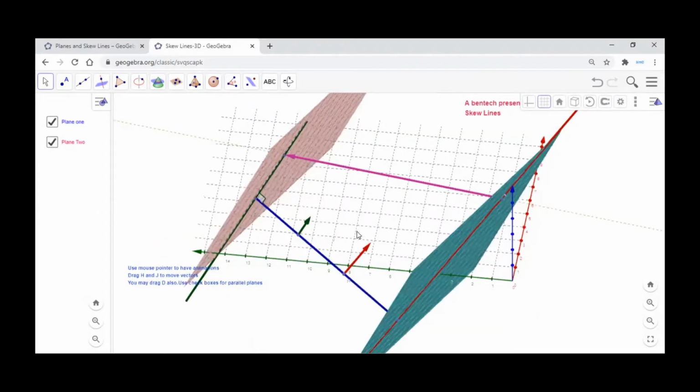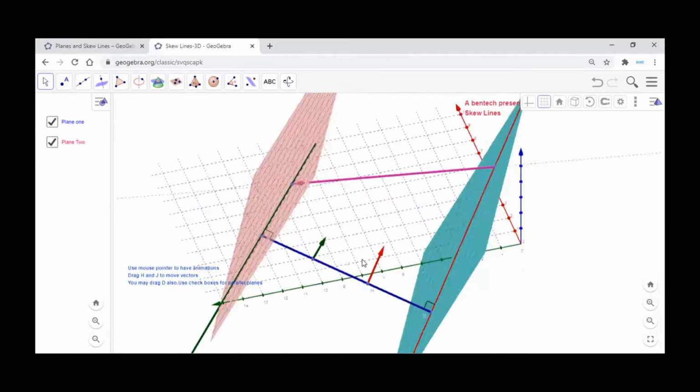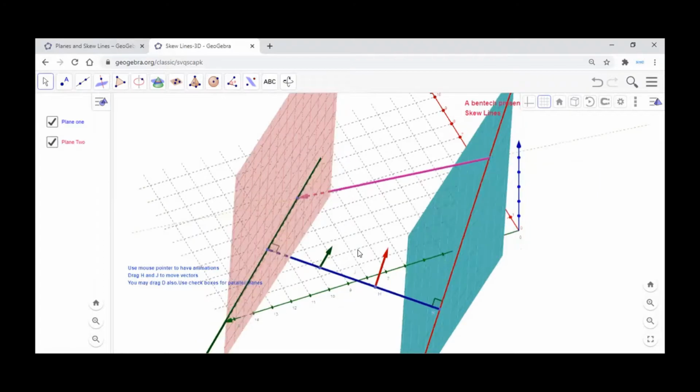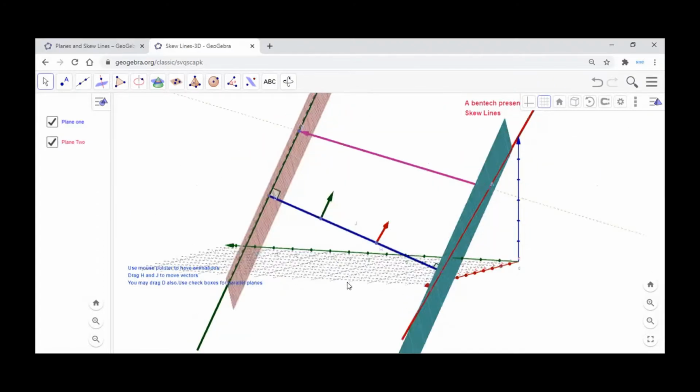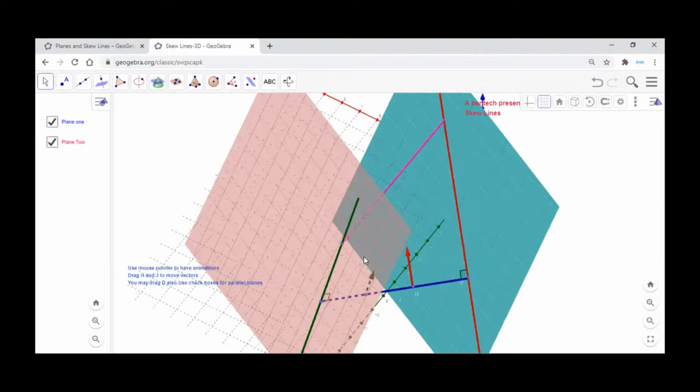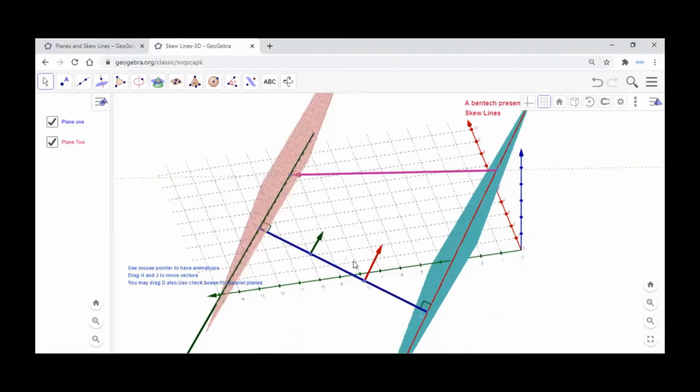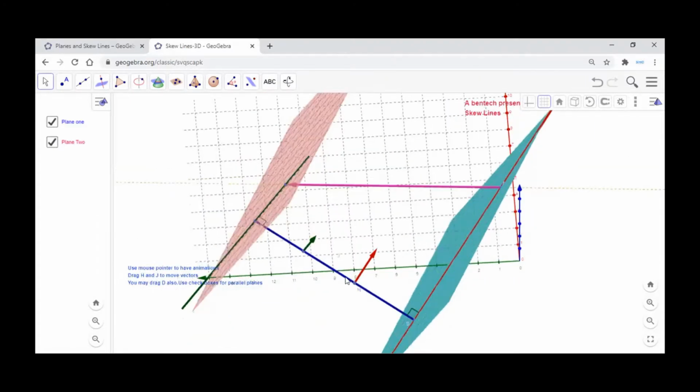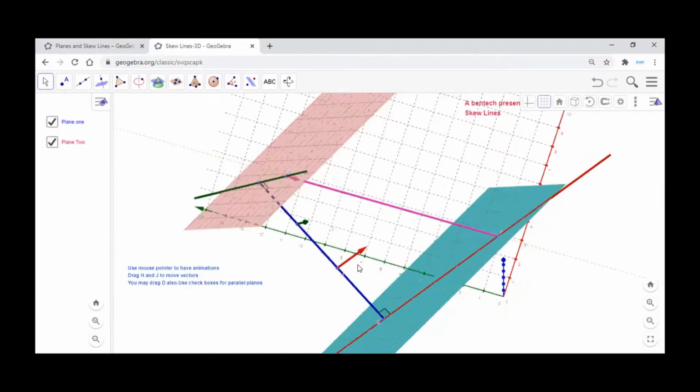One more thing you can observe here, there is another line which is perpendicular to both the lines. Are you able to see? Yes, the common perpendicular, which is perpendicular to both the lines.